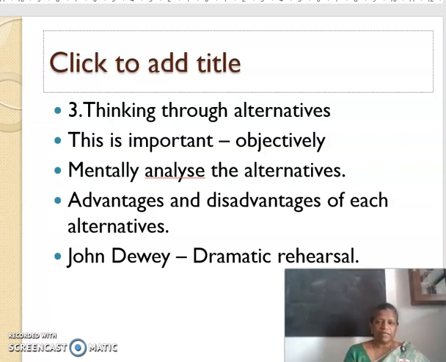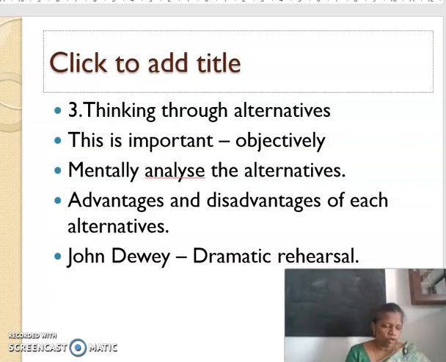That's very, very important. John Dewey calls this process a dramatic rehearsal. You are imagining by yourself, and you are analyzing each and every alternative. Can you understand?